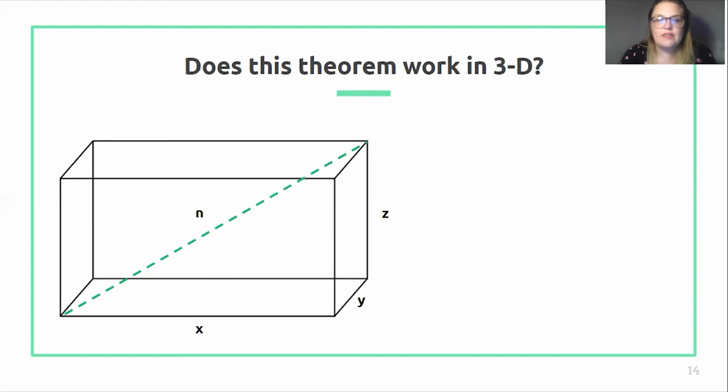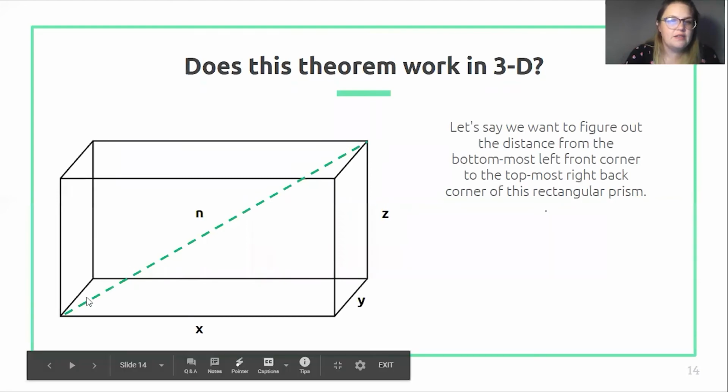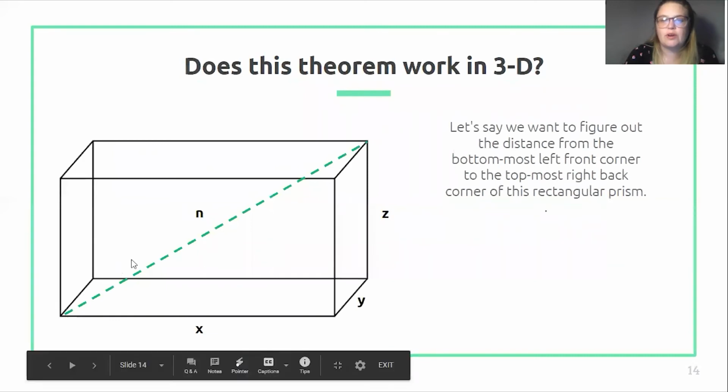Here, we can see that we have a rectangular prism. Let's say we want to figure out the distance from the bottommost left front corner, so that would be this corner right over here, right in front, to the topmost right back corner. So we're going to follow this dotted line here and go to the back corner of this prism.